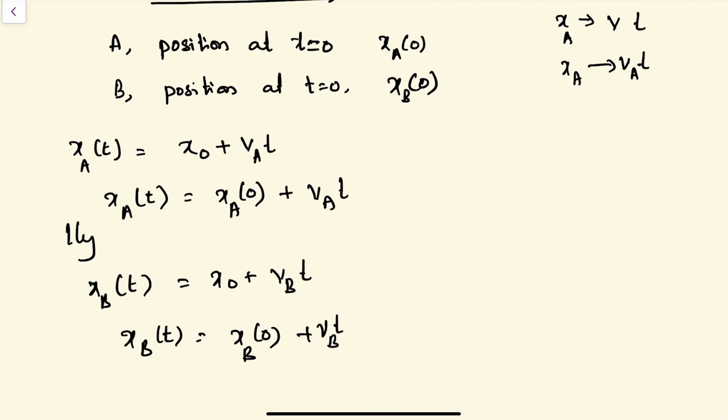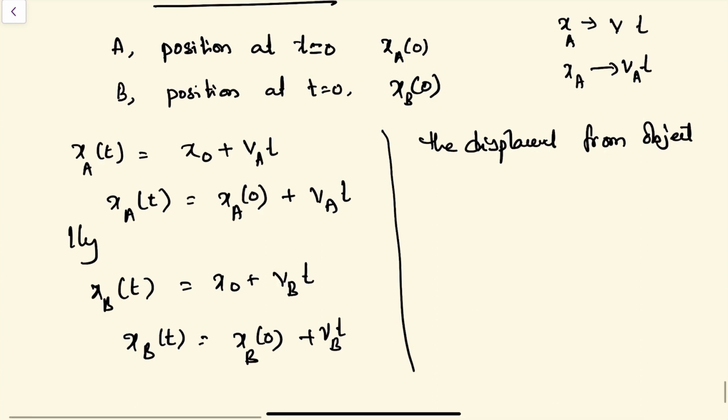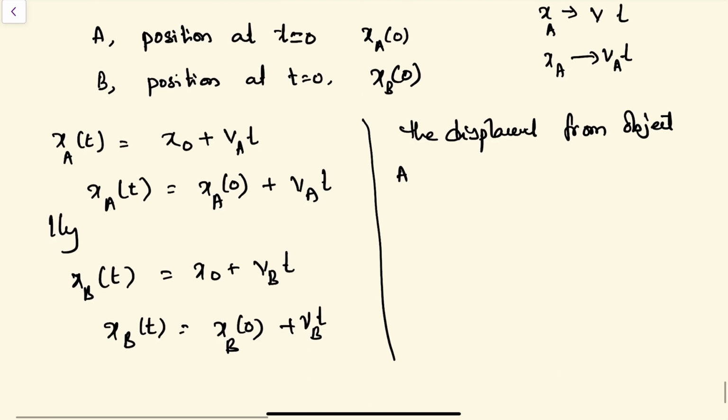Now, how to write the displacement from object A to object B? The relative position of B to A, XBA with reference to time, is equal to XB minus XA.